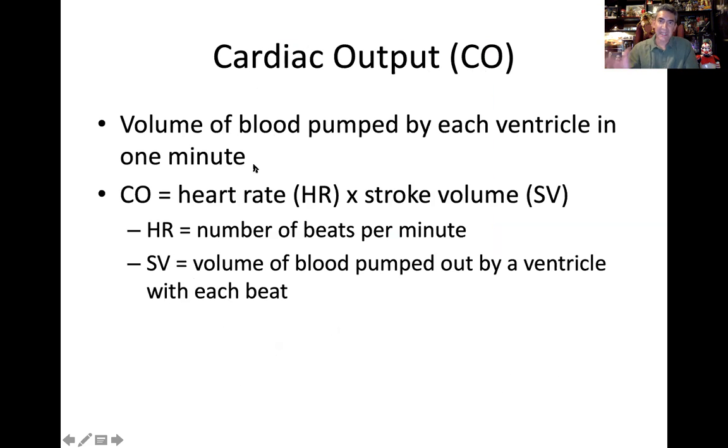So it's just a standard measure. In 1 minute we can analyze to see how much work that heart is doing. So we're gonna basically solve this little equation. Cardiac output equals heart rate in 1 minute times stroke volume.